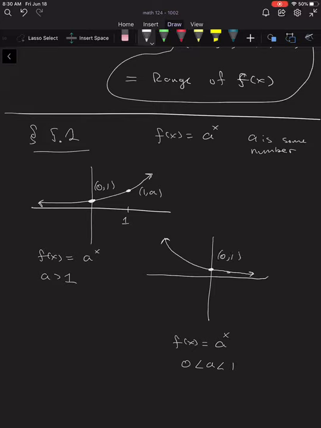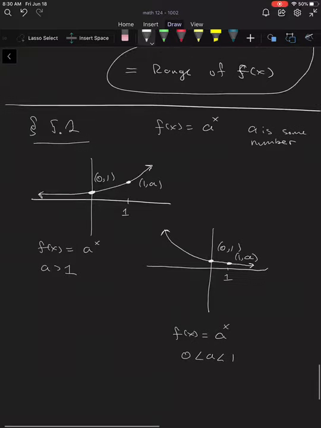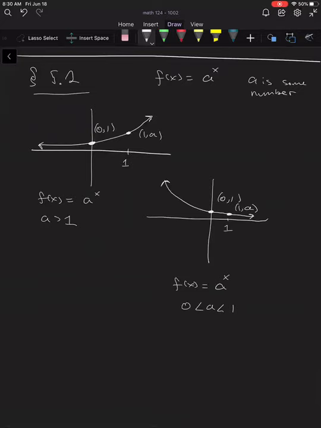And then we have this point over here, same thing. We still have the point 1 comma a. Let's put a 1 down there. All right, so those 2 points. We can call these the parent function of an exponential function, a to the x.